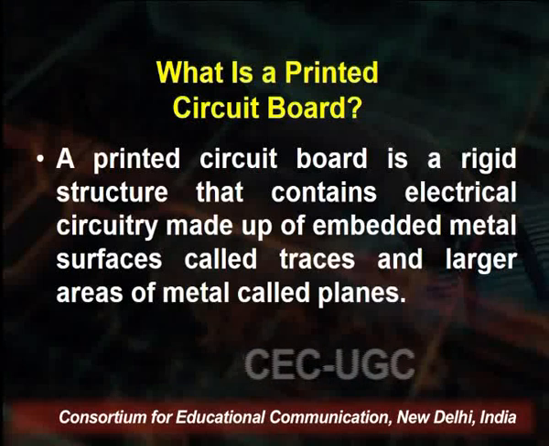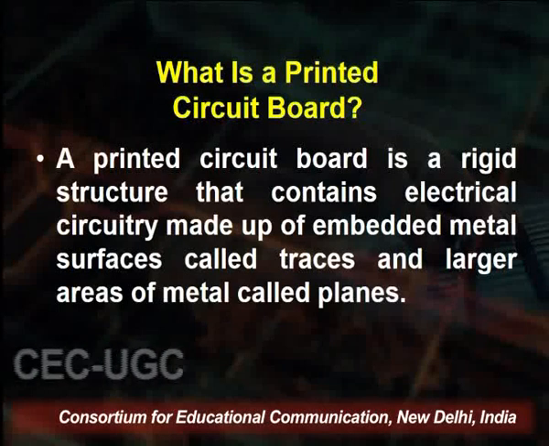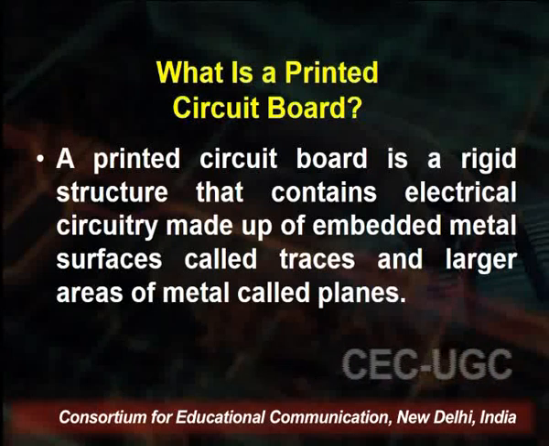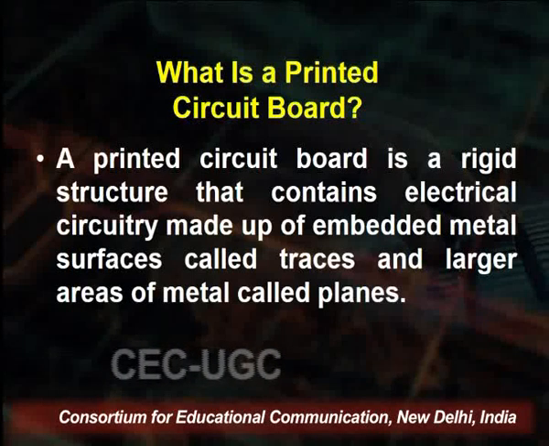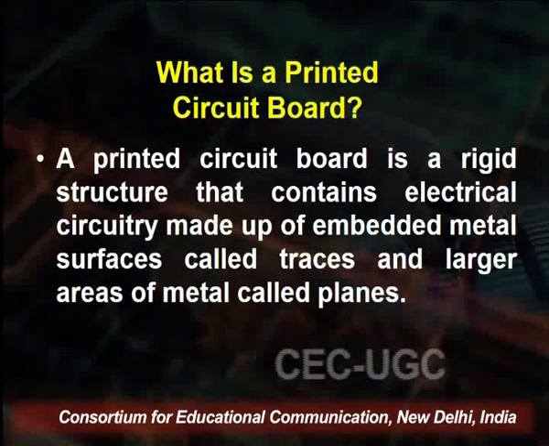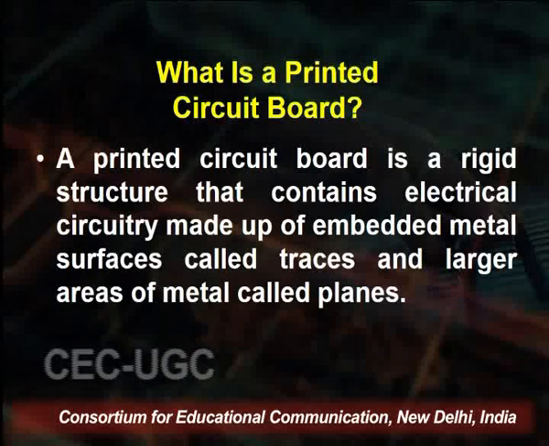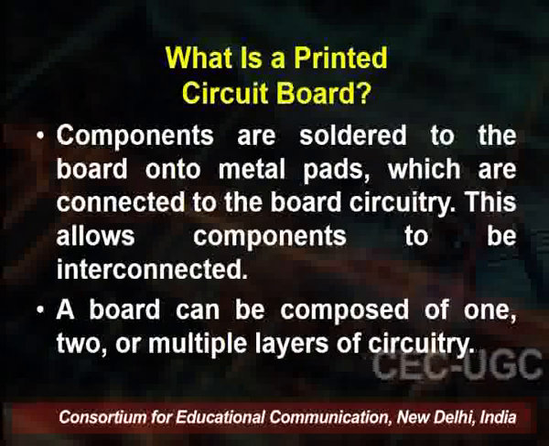A printed circuit board is a rigid structure that contains electrical circuitry made up of embedded metal surfaces, which are called the traces, and a larger area of metal that is called the planes. So, a printed circuit board is made up of various traces as well as planes which connect the metal surface with the basic electronic gadgets, circuits or components.